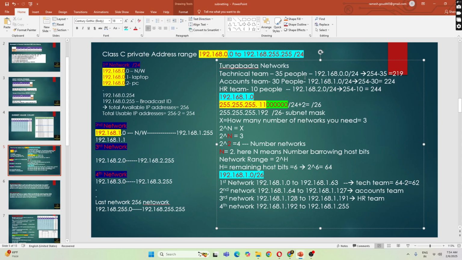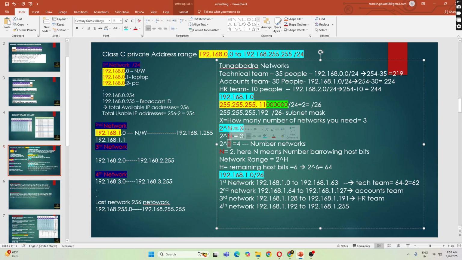Clear, everyone? This process is clear. So we are dividing the 1.0 network into 4 networks by borrowing the host bits. That is also based on my requirement. This is a key formula, 2 to the power of n. This is a very important formula, where we can borrow the bits. If you want to satisfy the third value, you need to put n equal to 2.